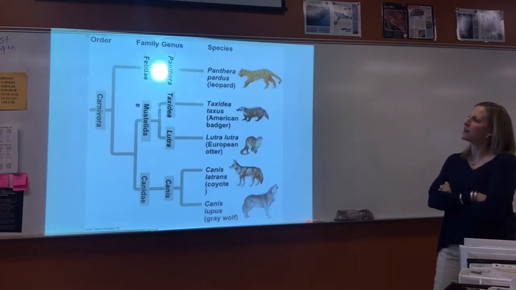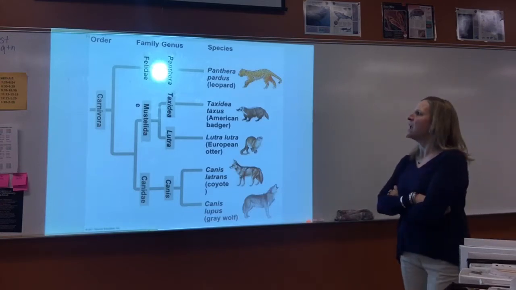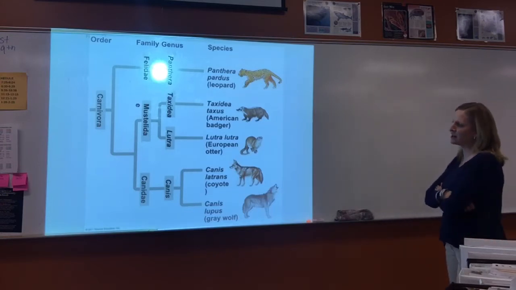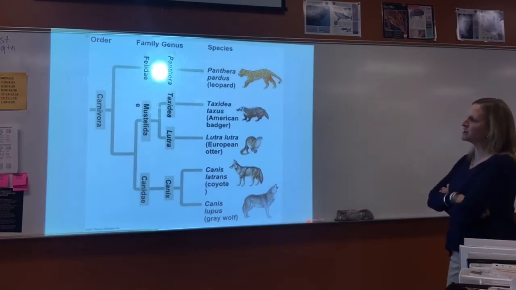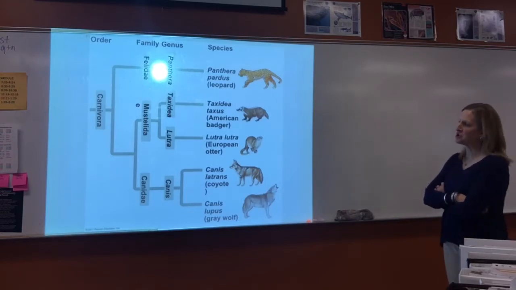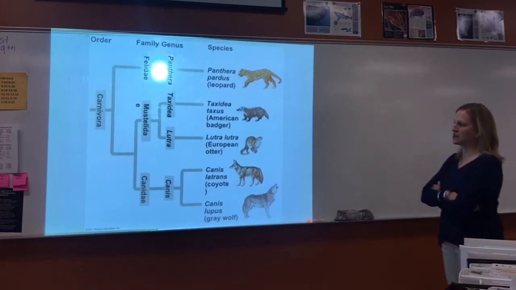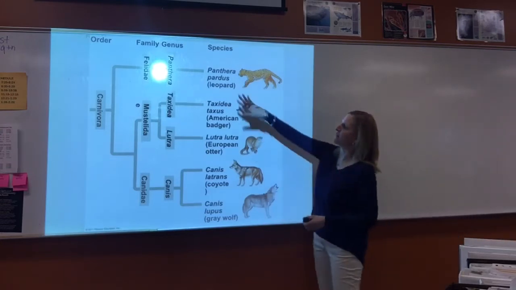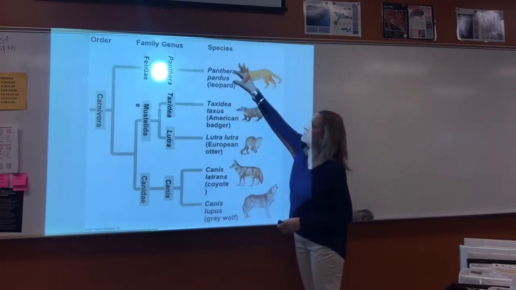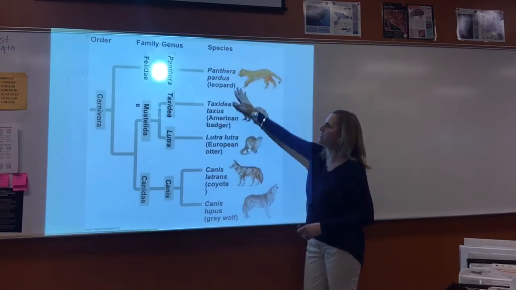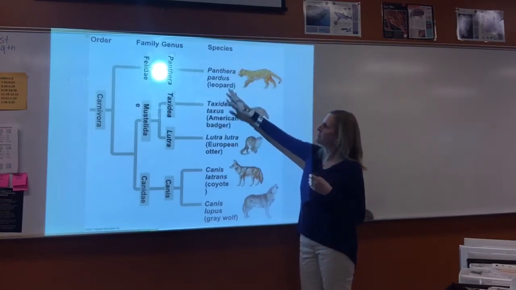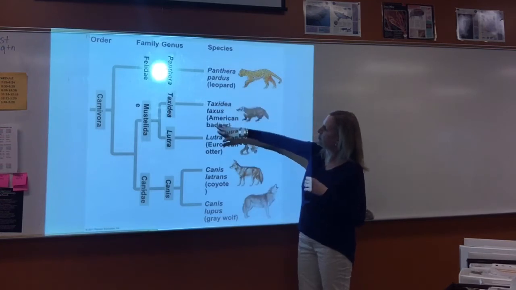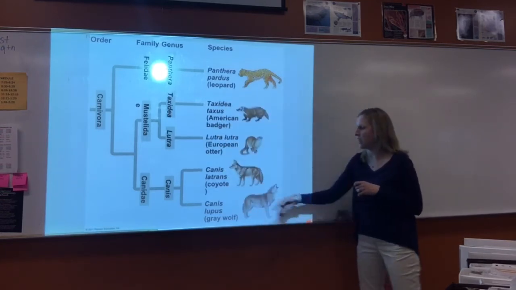So you have a phylogenetic tree here, and what it shows you is evolutionary relationships between, in this case, 5 different organisms. They give you the scientific binomial name, and then the normal layman's term: the leopard, the badger, the otter, the coyote, and the wolf.